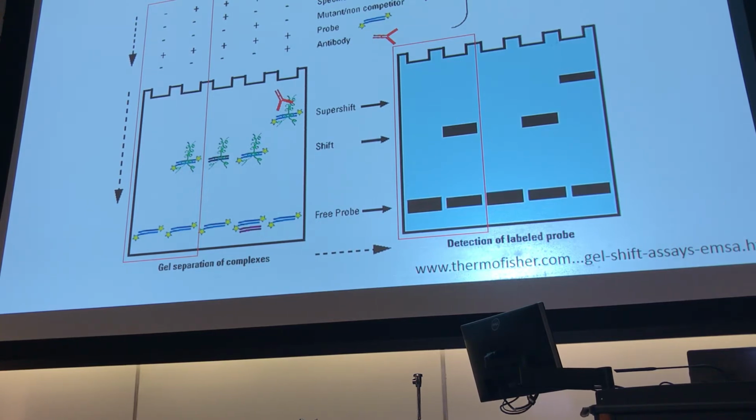So whenever you run a DNA or protein through a gel, for example, it has a certain amount of mobility. Here, this is the DNA running through the gel, it's got a certain level of mobility, so it ends up all the way here at the bottom of the gel. But now if you complex that DNA with the protein, it's not gonna move through the gel as fast.